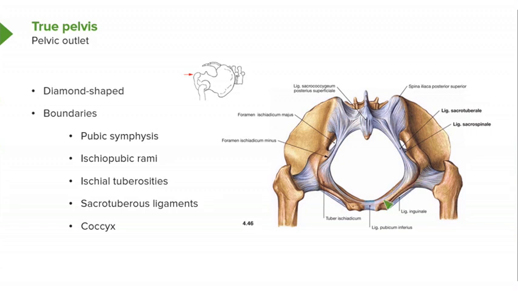So that would be along here on this side and along here on this side. We will get then to the ischial tuberosities on either side. And then we have some prominent ligaments on this side and this side. Those are the sacrotuberous ligaments. And then in the posterior midline, we have the coccyx.